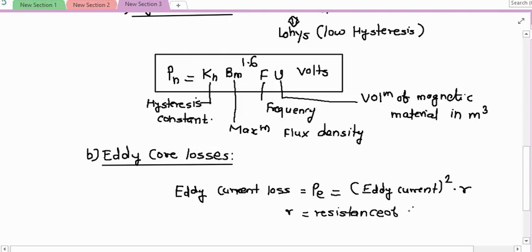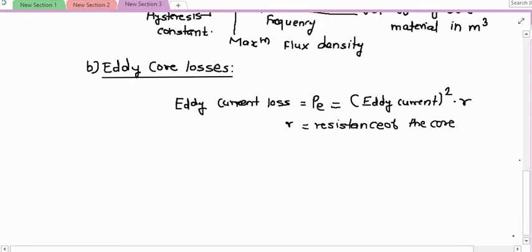The eddy current losses are normally minimized by using a laminated structure, and the core is manufactured as a stack of laminations rather than a solid iron core. These laminations are insulated from each other by a varnish coating on all the laminations. Hence, each lamination will act as a separate core with small cross-sectional area, and that lamination will provide large resistance to the flow of the eddy current.